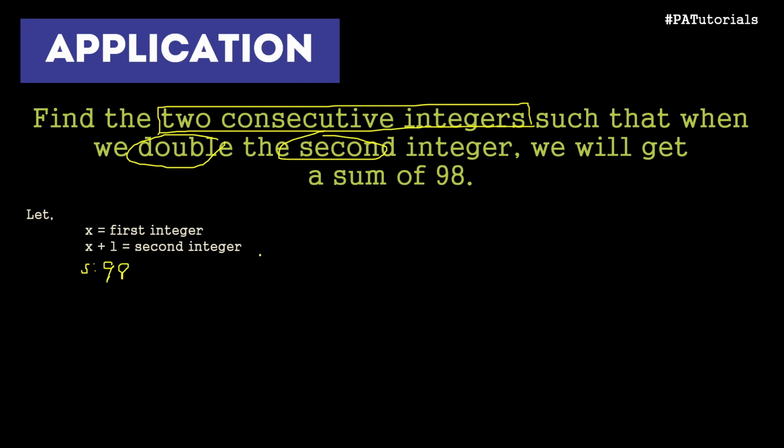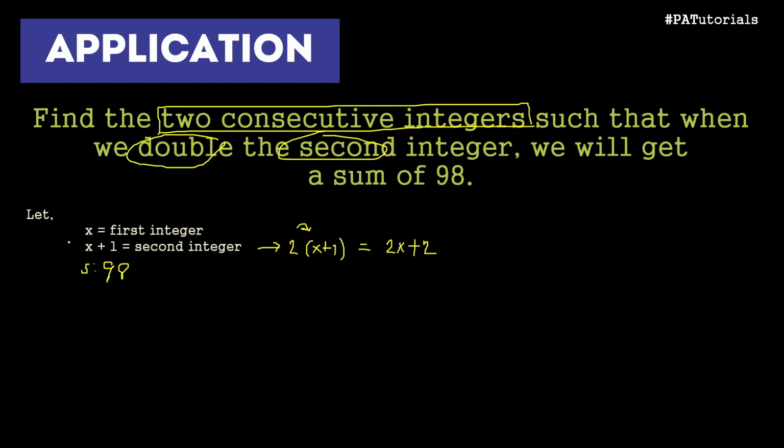So guys, pag sinabi natin do-double yung second integer, ito yung second integer, yung buong yan, ibig sabihin lang nun, ita-times natin lahat yan sa 2. Okay? Bakit lahat yan? Hindi lang yung x, hindi lang yung 1, kasi this whole represents your whole number or yung integer mo. Okay? So, ibig sabihin, perform distribution, this will be 2x plus 2.